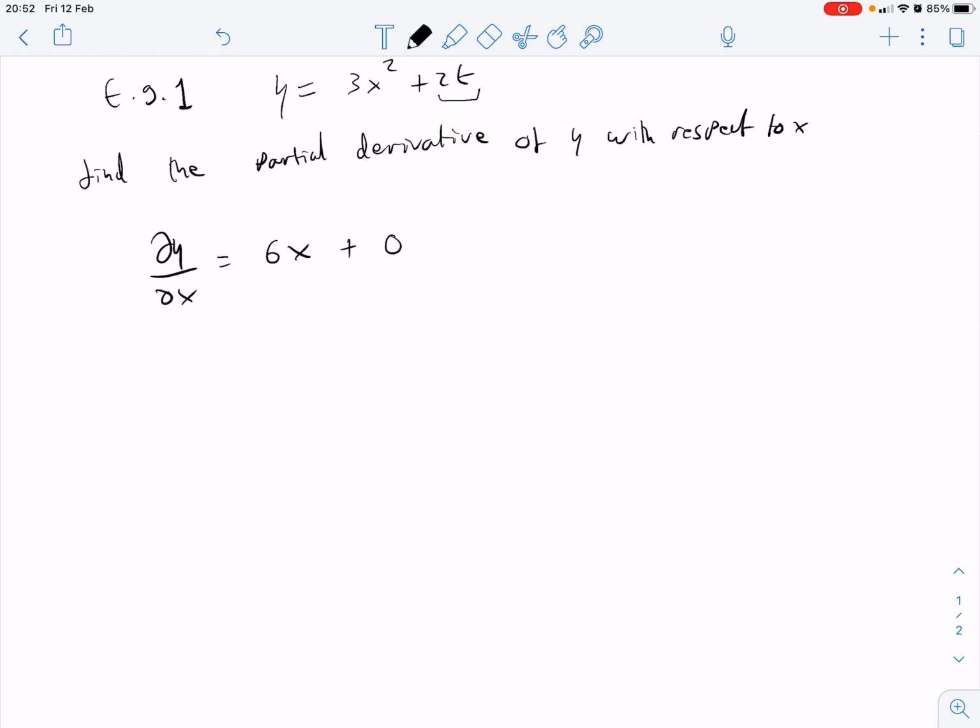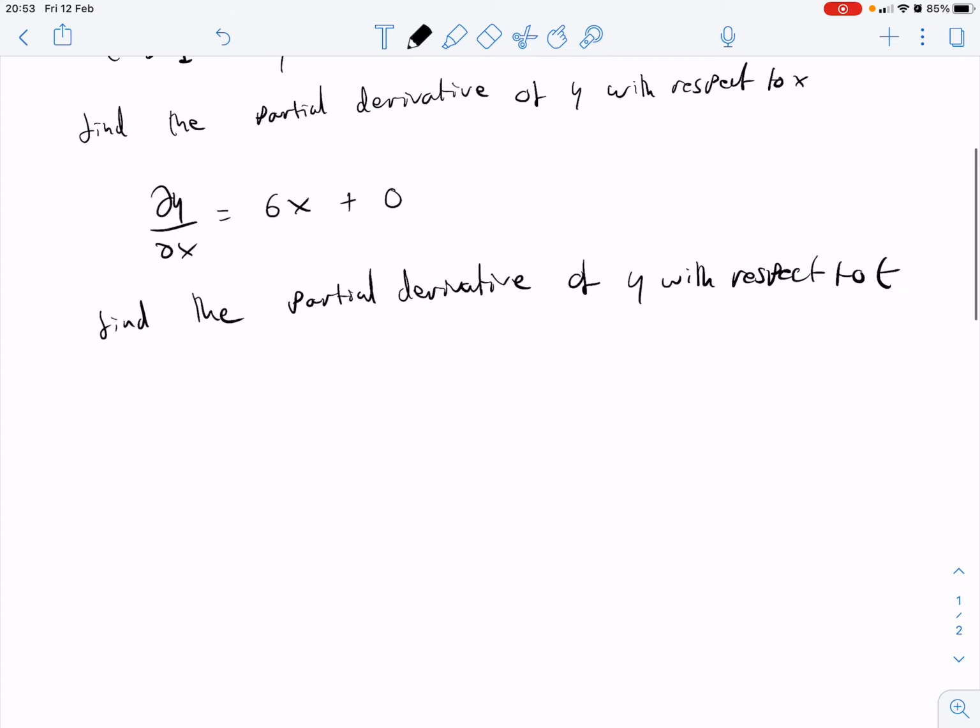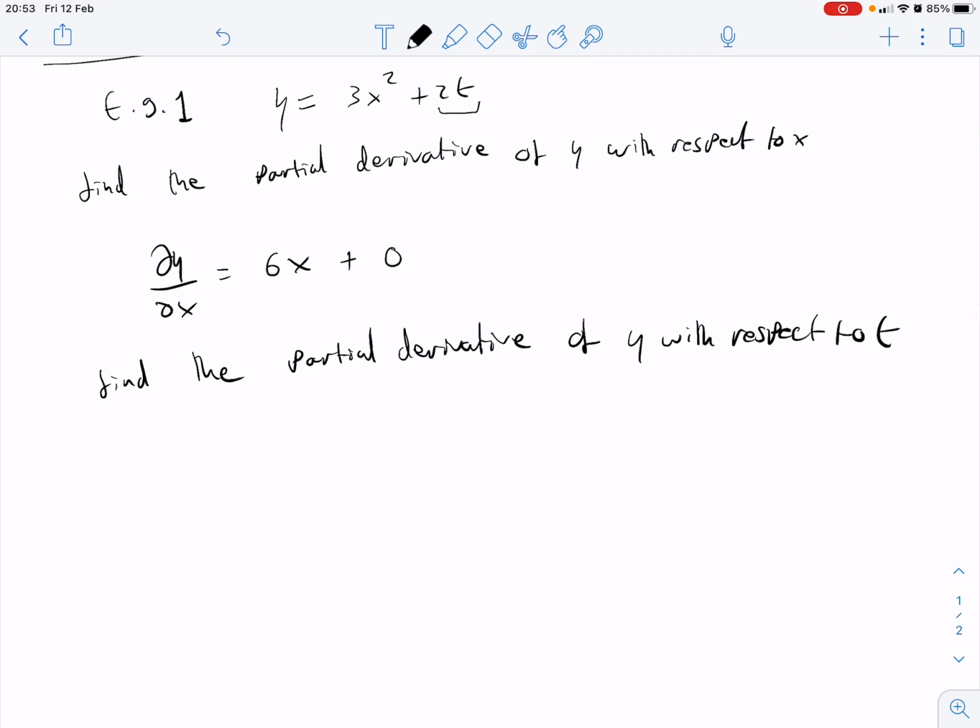Now, let's say it asks, find the partial derivative of y with respect to t. Very easy now.